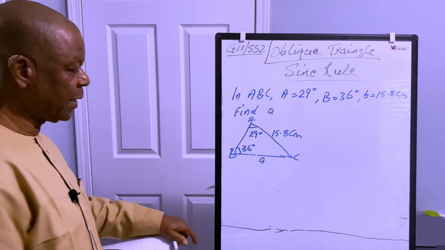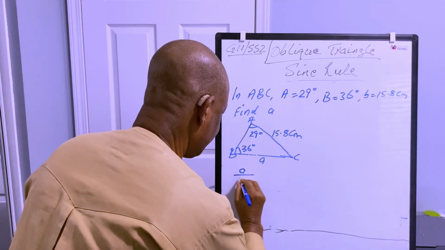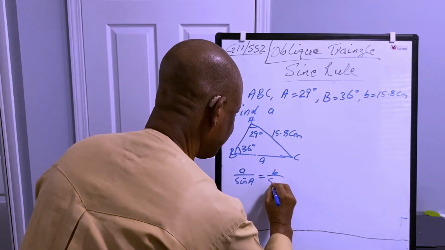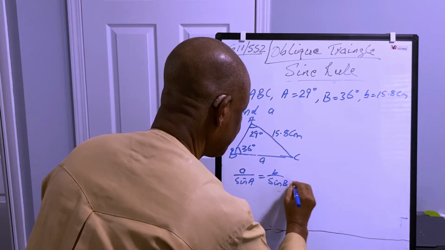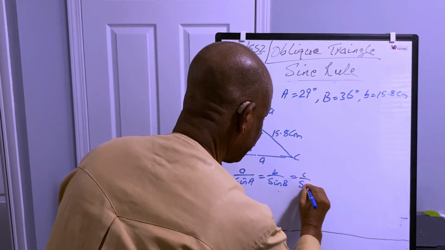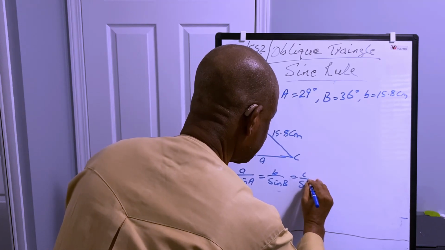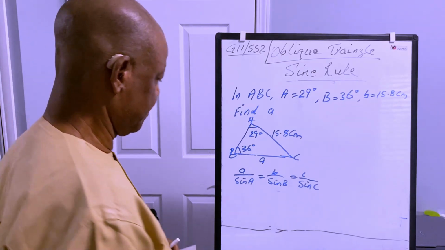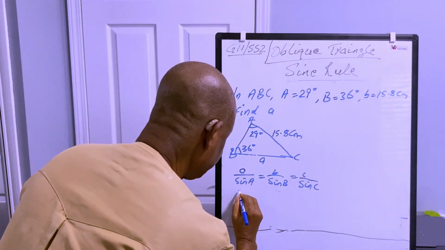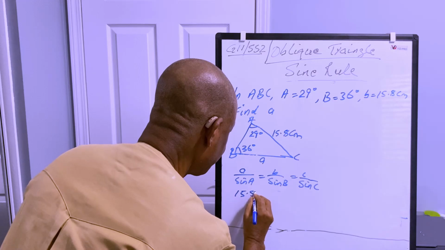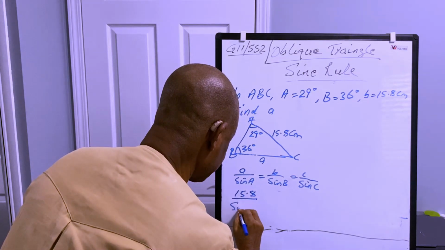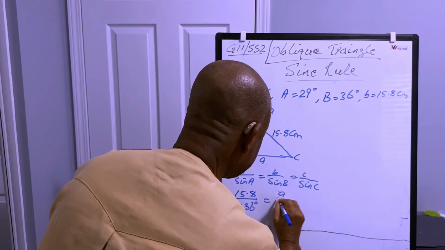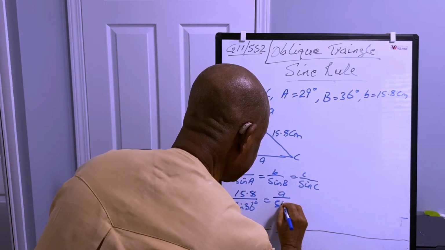We present the formula that a over sine A equals b over sine B equals c over sine C. Small letter is the side, while capital letter is the angle. We now substitute by saying 15.8 over sine 36 degrees is equal to a over sine 29 degrees.